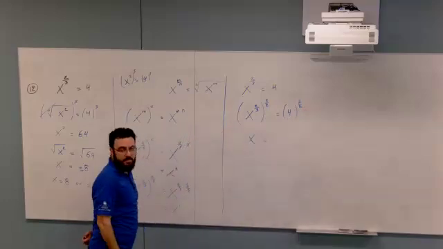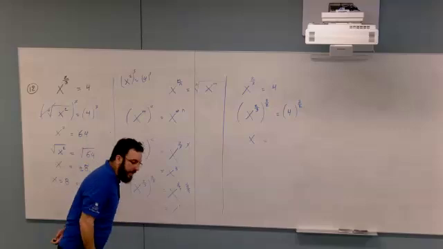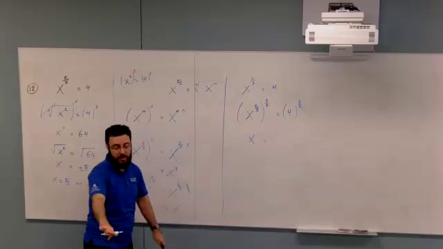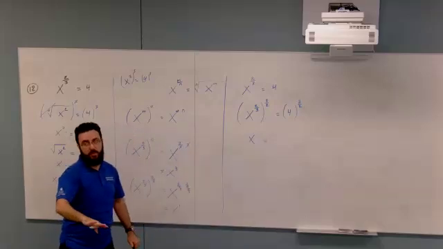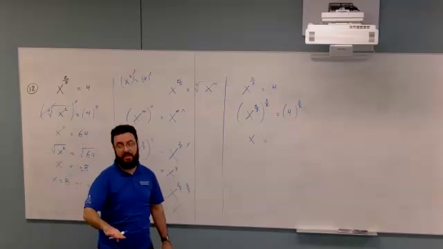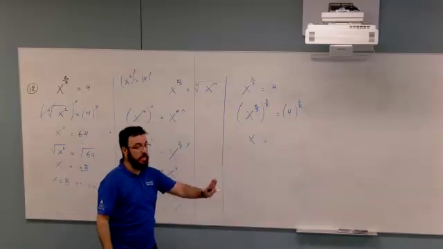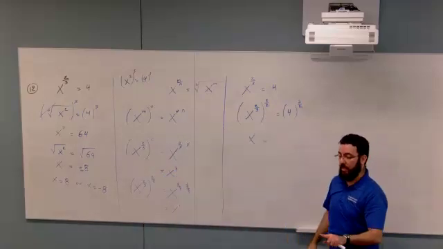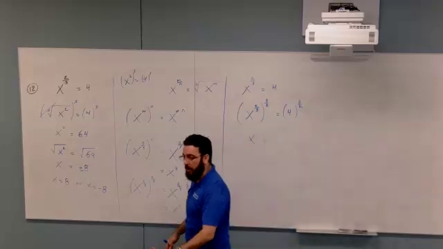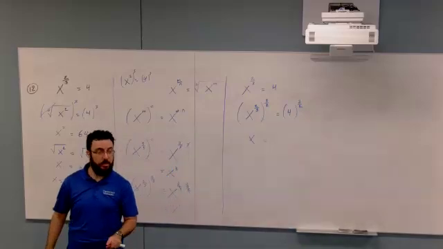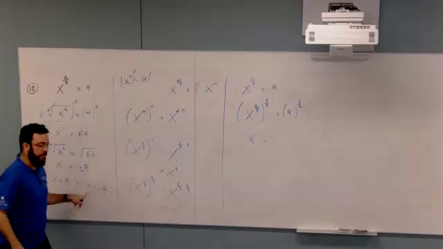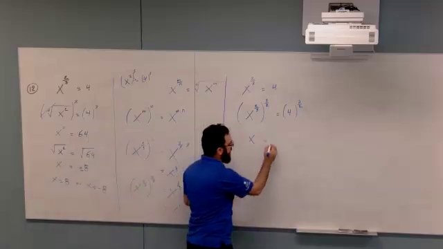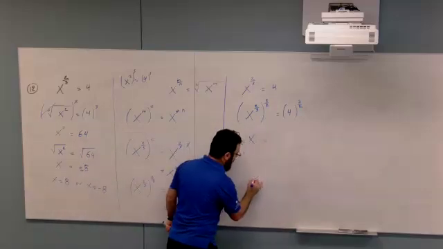What is it going to be? Go ahead and plug it in the calculator, 4 to the power 3/2. I'm going to show you in detail, but I need to tell you how much it's going to be. 4 to the power 3/2 is going to be 8. The same thing here. But what's the difference? I'm going to write down x equals 8.